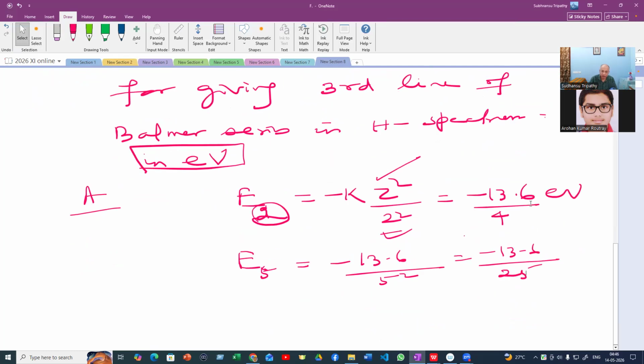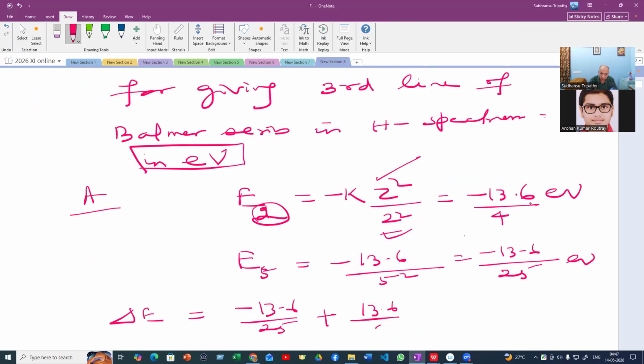So del E will be the energy of the photon emitted. So minus 13.6 by 25 minus, that becomes plus 13.6 by 4. So the LCM is maybe 100. So this is 13.6 into 4 plus 13.6 into 25.